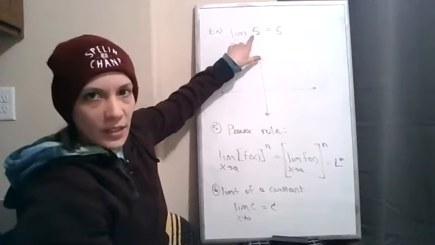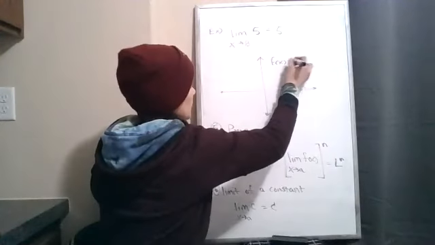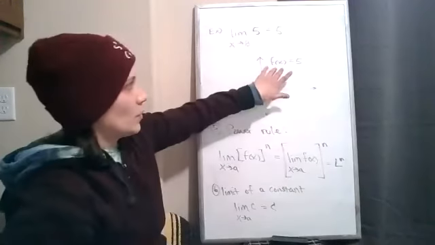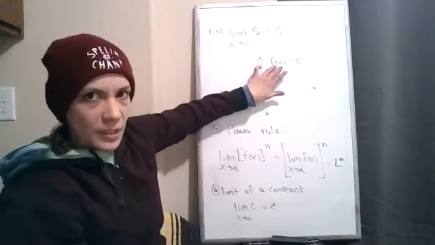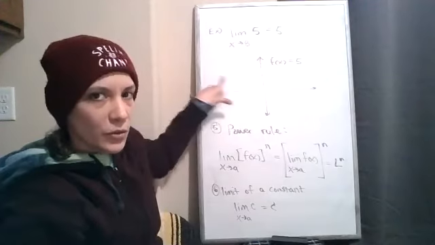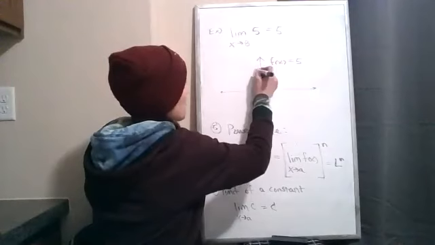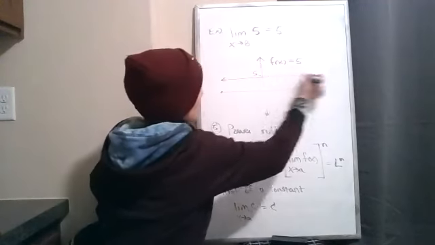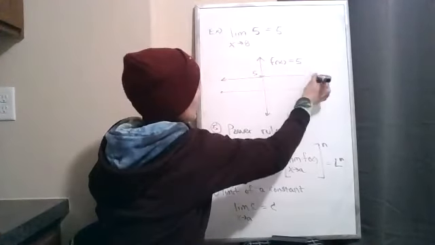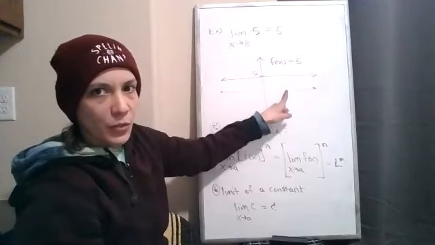So you've got your function f of x equals 5. So x is any number, but f of x has to be 5. So that's the line that goes through 5. So that's your function f of x equal to 5, and then you're approaching 8.